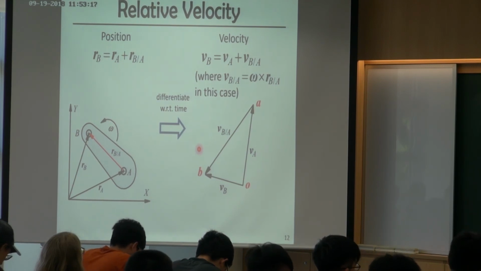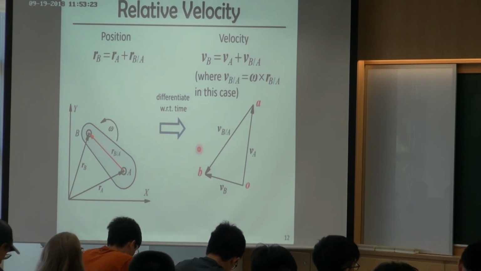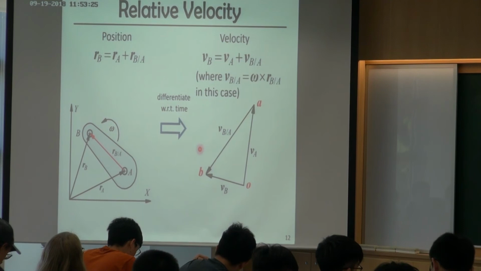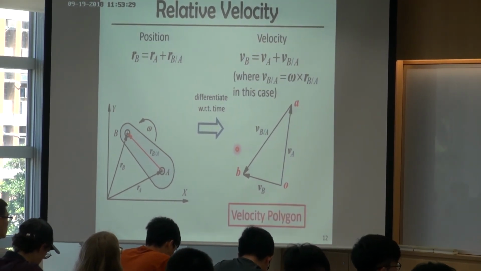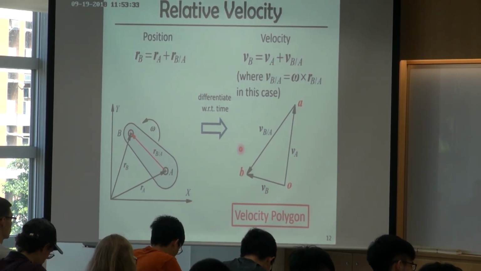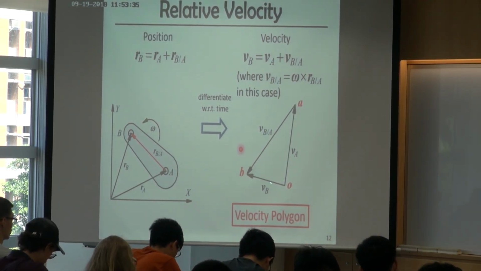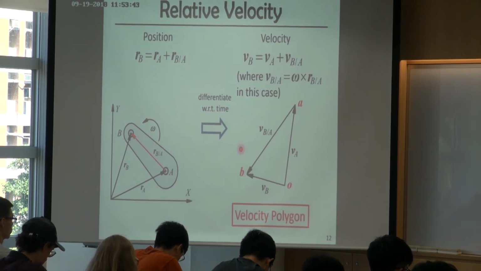And usually when we draw, we call this a polygon. Right now it's a triangle, but we may have more vectors later, so they may become a polygon. And we call this a velocity polygon. This velocity polygon helps us to know the relationship between the absolute velocities and the relative velocity.